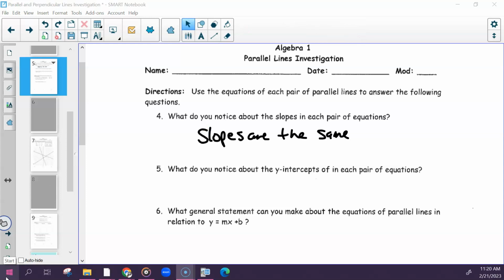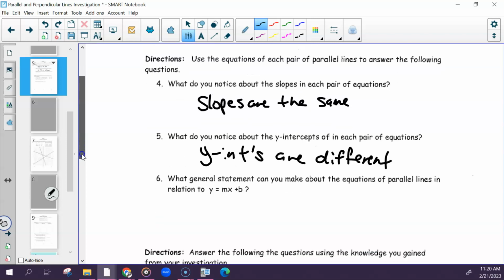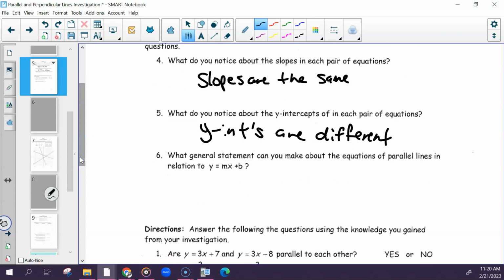What do you notice about those y-intercepts? Major? Okay. So the y-intercepts are different. Anyone have anything other than that?